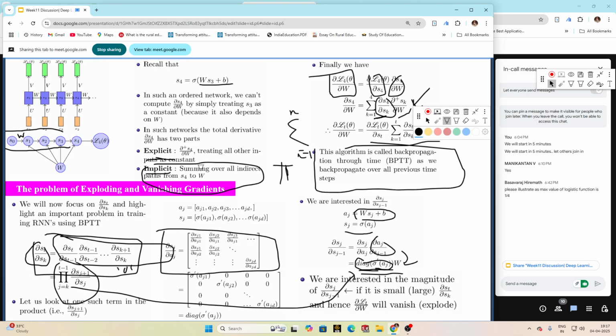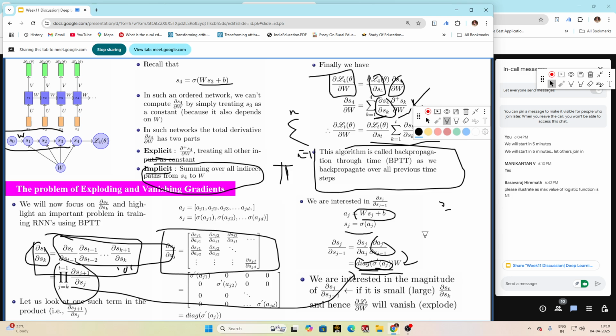You can see in your notes, the derivative of the logistic function is f(x) times 1 minus f(x). The maximum value of f(x) times 1 minus f(x) will be equal to 1 by 4. You can do that by your calculation: take the derivative with respect to x, and find the minima and maxima. The maximum value will come to 1 by 4 only.